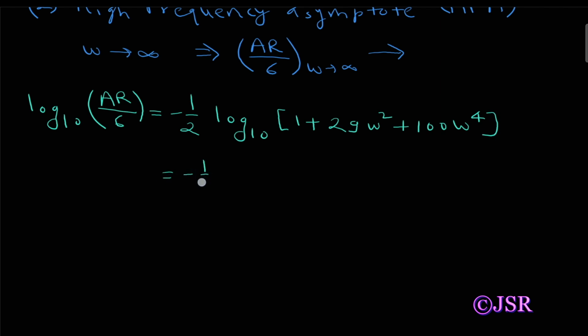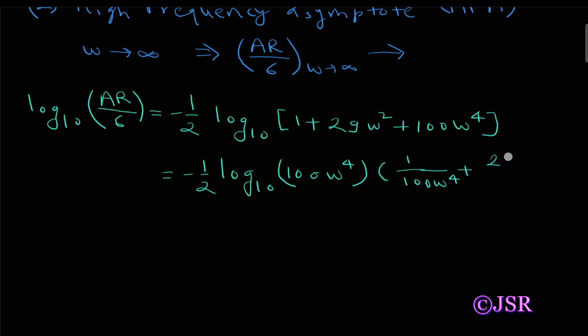So when omega tends to infinity, so log 10, we can take this 100 omega to the power 4 outside, and in this here we will have 1 upon 100 omega to the power 4, then 29 by 100 omega square and then plus 1.